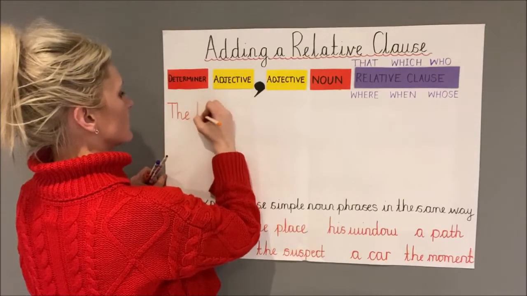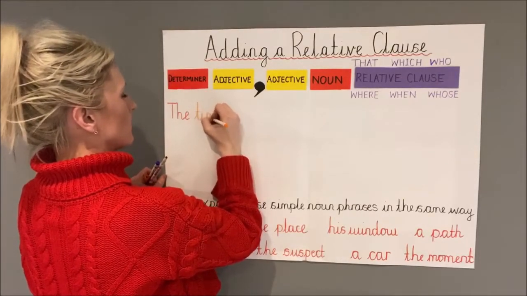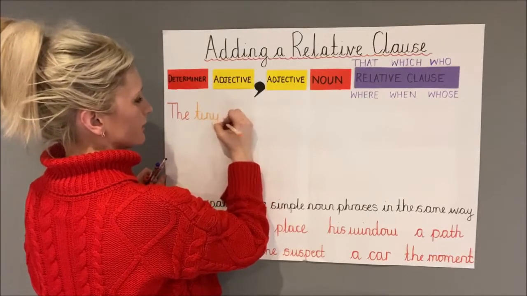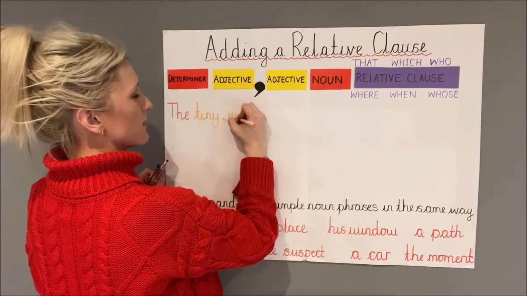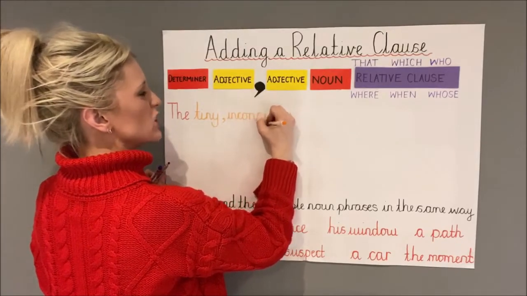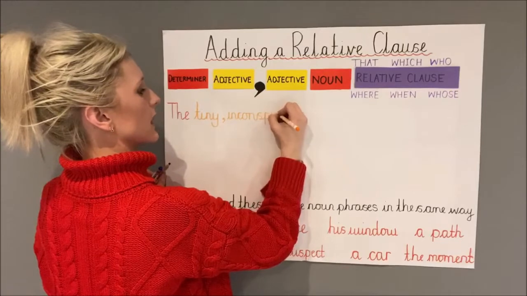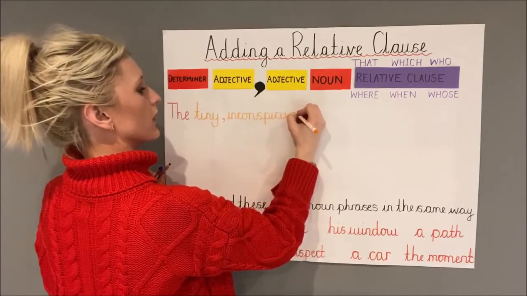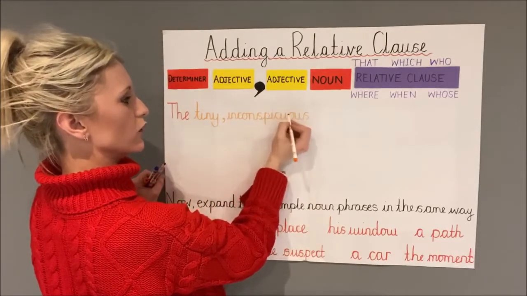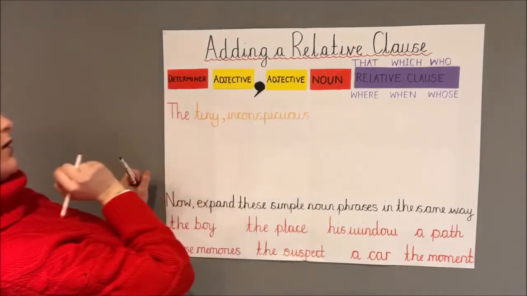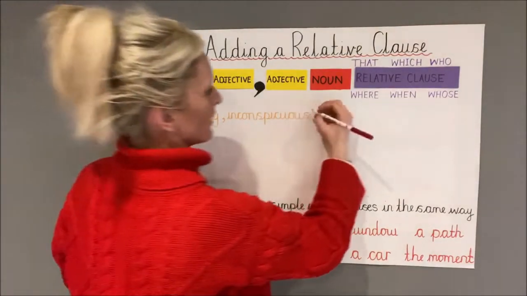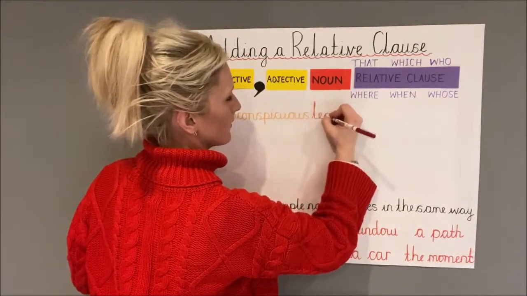I'm going to say the tiny, and then I'm going to remember my comma, inconspicuous. So that means someone who wouldn't be noticed particularly. Just need to concentrate while I spell that. Inconspicuous. Yes, sorry, tiny, inconspicuous. And I'm going to put the word teacher there.